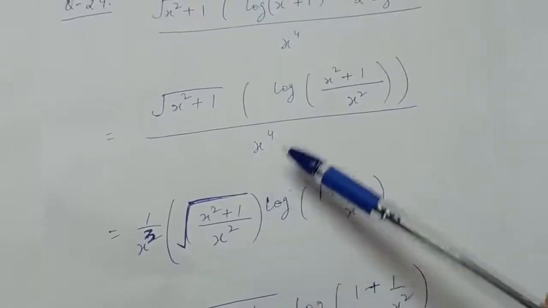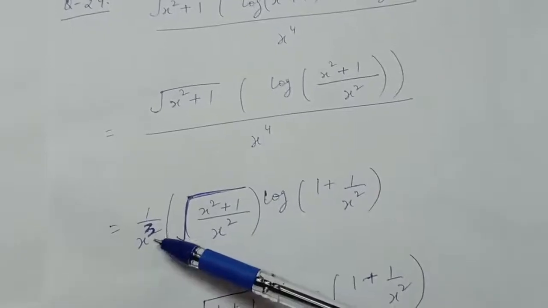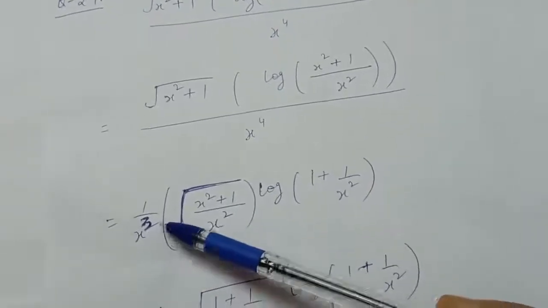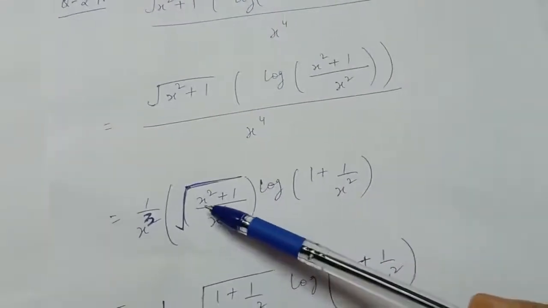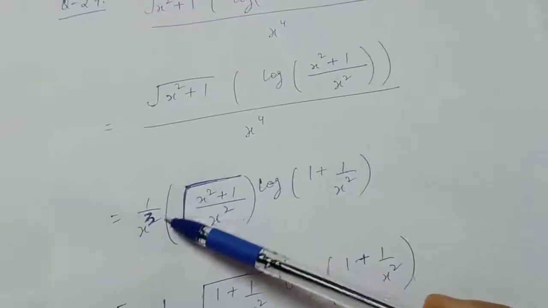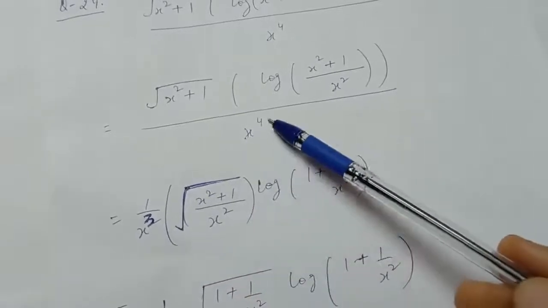And this x raised to the power 4 can be written as x cube into x. So x cube as it is, take that x inside the root, so it will become x square, right? Because now when you take 1 by x square outside the root, it will come 1 by x, and 1 by x into 1 by x cube is x raised to the power 4.